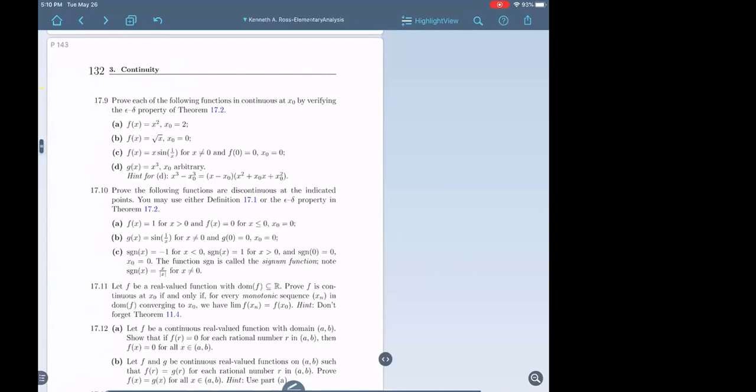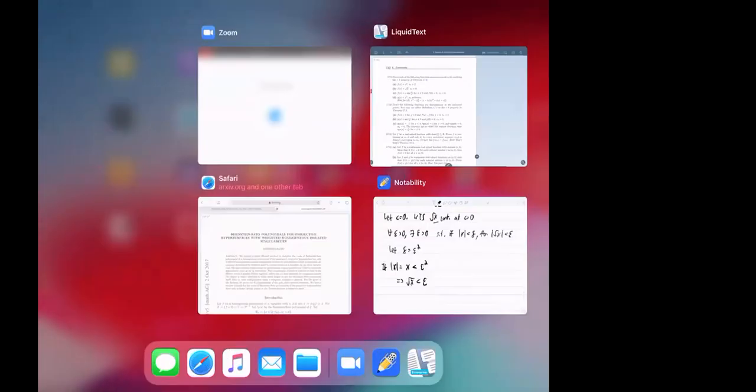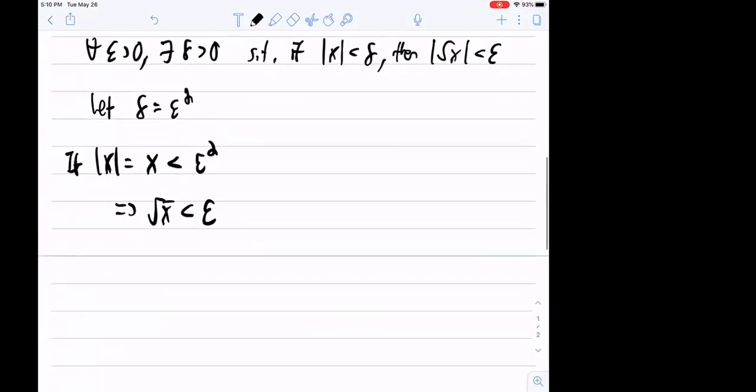f of x is 1 for x bigger than 0. f of x is 0 for x less than or equal to 0. And we want to show it's discontinuous, right? Let me just write it like this, just to make things nicer. 1 for x bigger than 0.